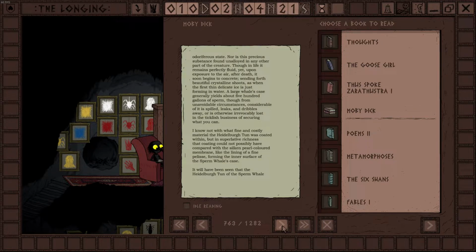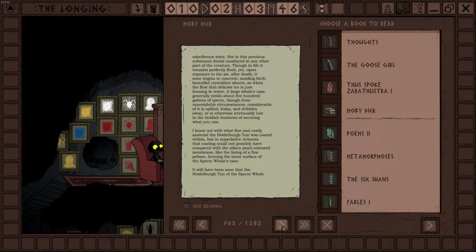Though in life it remains perfectly fluid, yet upon exposure to the air, after death, it soon begins to concrete, sending forth beautiful crystalline shoots, as when the first thin, delicate ice is just forming in water. A large whale's case generally yields about 500 gallons of sperm, though from unavoidable circumstances, considerable of it is spilled, leaks and dribbles away, or is otherwise irrevocably lost in the ticklish business of securing what you can.